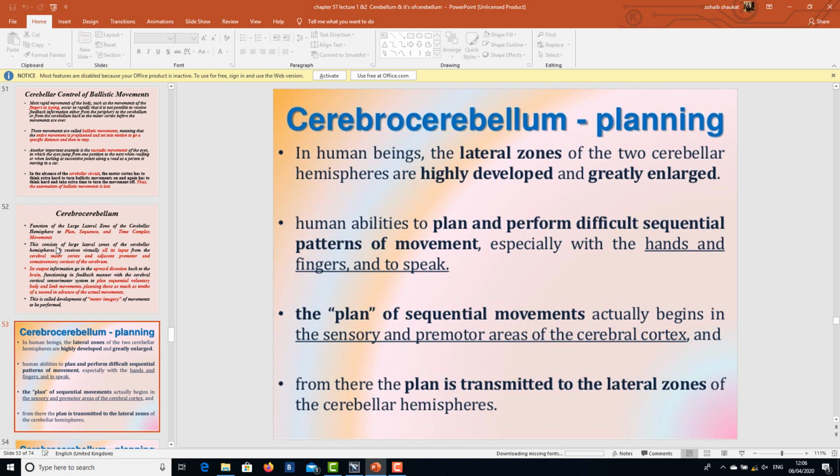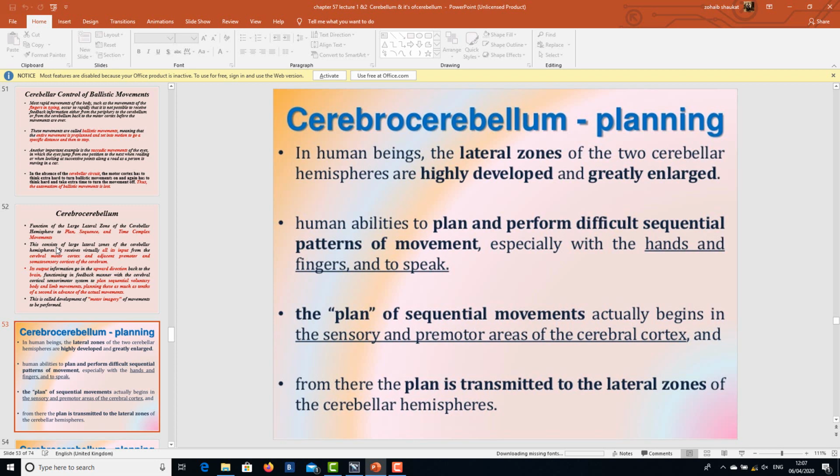In human beings, the lateral zones of two cerebellar hemispheres are highly developed and greatly enlarged. Human abilities to plan and perform difficult sequential patterns of movement, especially with the hands and fingers, and to speak.